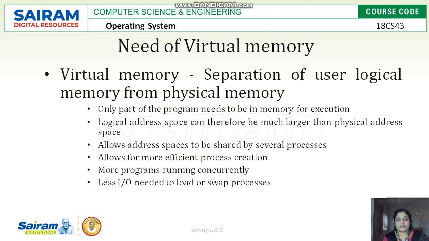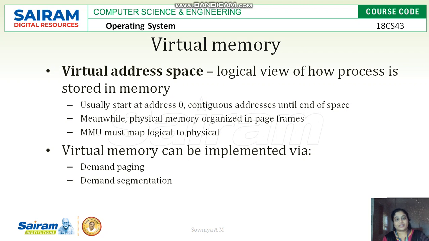So this allows more efficient process creation. The programs run concurrently, and less input output is needed because swapping is done from main memory to storage, or storage to main memory, with smaller blocks of data, and overall it increases the throughput and efficiency of the CPU. So this gave the concept of virtual memory.